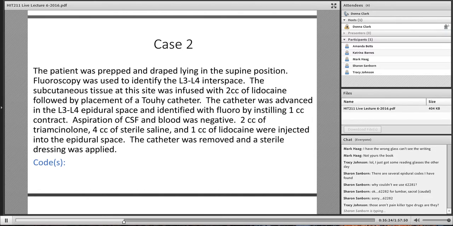And then code 62310 includes our needle, our catheter placement, and our contrast. And then this other one is of neurolytic substances, but that's not what we're using. We're using lidocaine for our placement of the catheter.